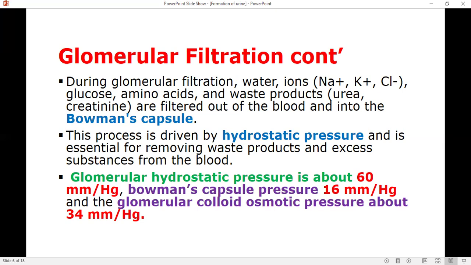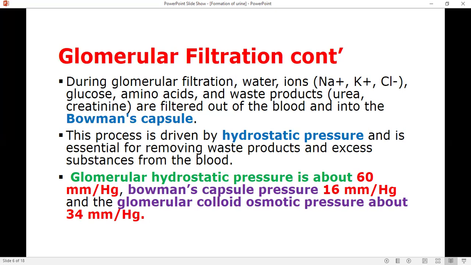Now, how is it possible that they get filtered? How do they enter the Bowman's capsule? What really happens is we have what we call hydrostatic pressure. It is pressure built within this system that enables them to go into the Bowman's capsule.